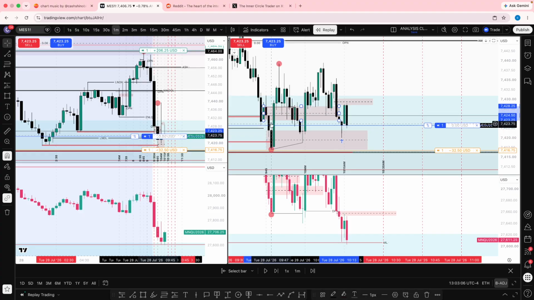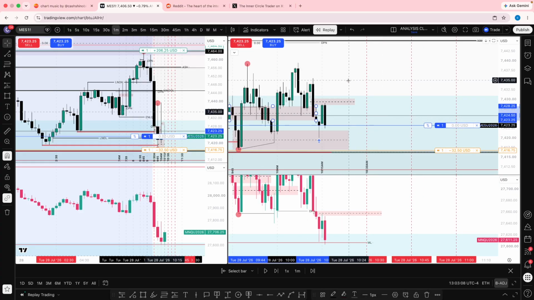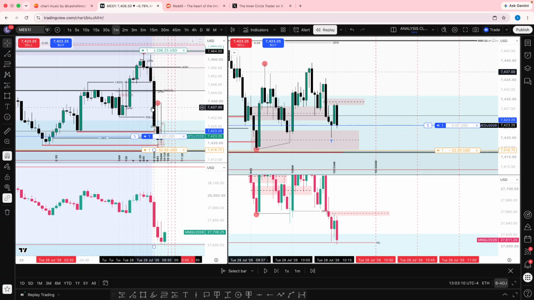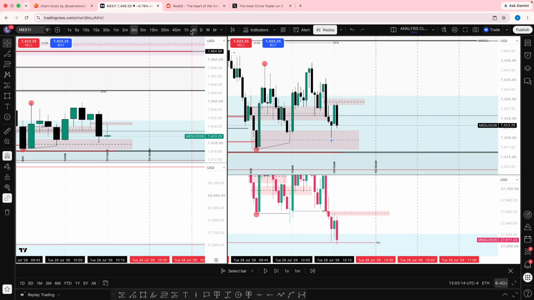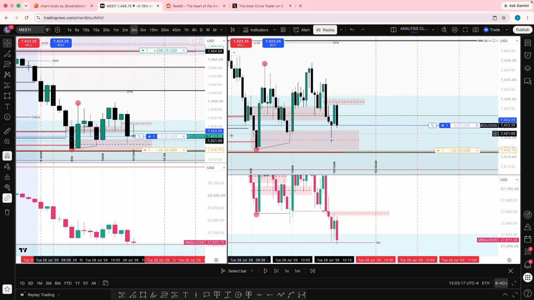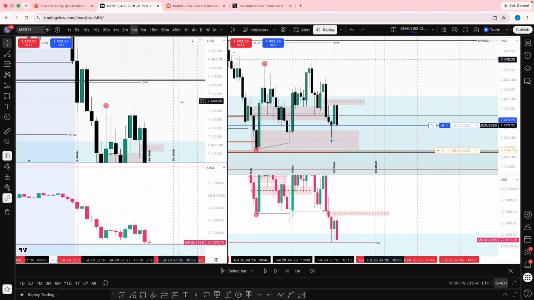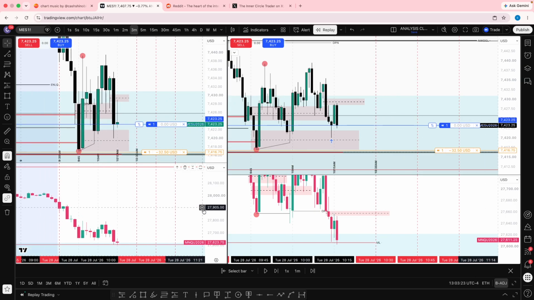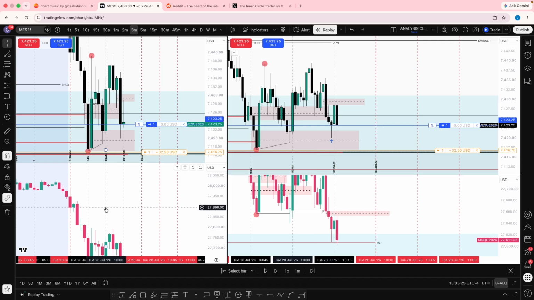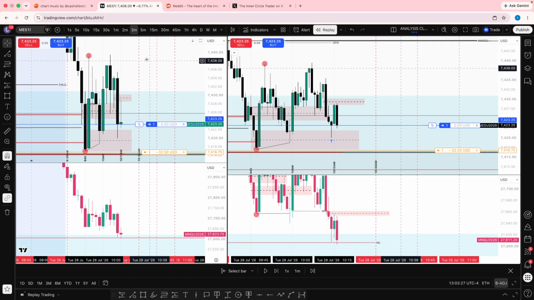Price already is above this. And I could show you this on a 3-minute chart, which could be a little bit better. Much cleaner on a 3-minute chart. Alright.